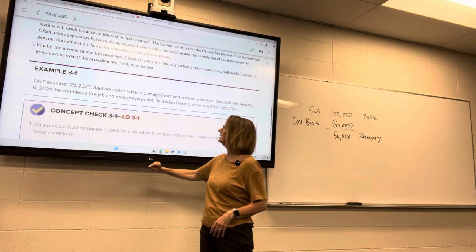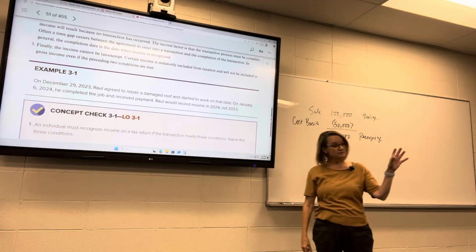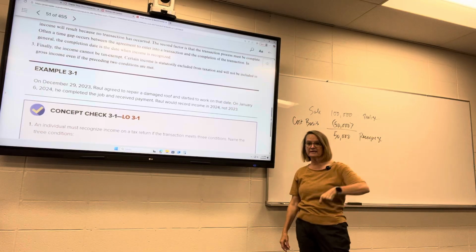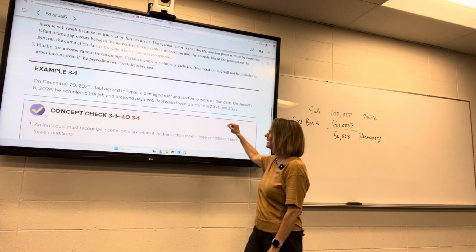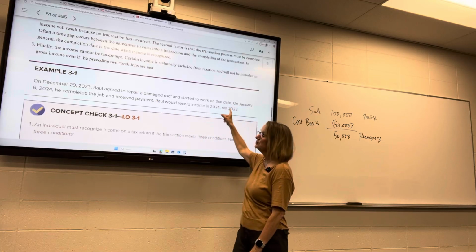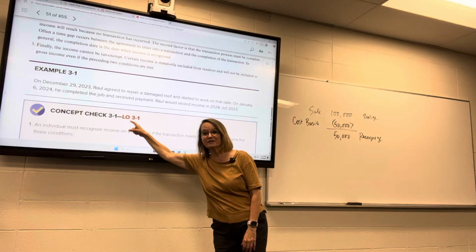Now, let's change this up a little bit. On December 29th, he agreed to repair a damaged roof and they gave him a deposit on that date. But he didn't complete it until January. Well, in that case, he got the money in 2023.